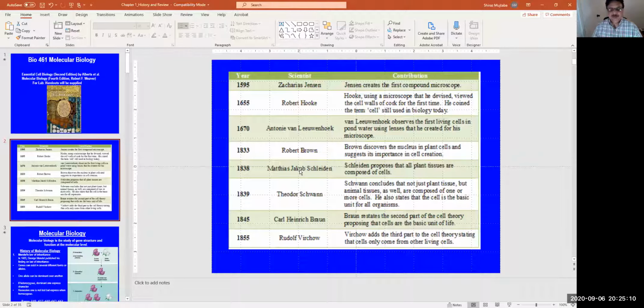That was essentially the cell theory. In 1845, Brown restated the second part of the cell theory, proposing that the cell is the fundamental unit of life. In 1855, Rudolf Virchow stated the third part of the cell theory, that cells only come from pre-existing cells, indicating the significance of cell division and DNA replication.